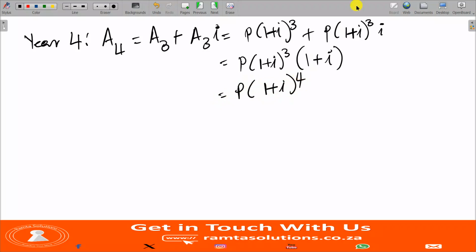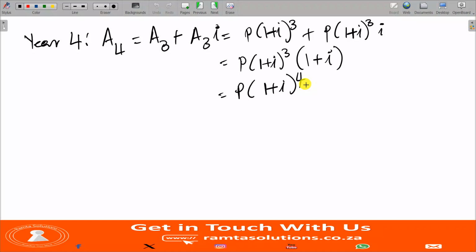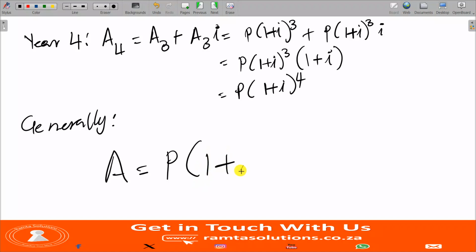Now, I want you guys to see that somehow there is a trend here. For year 1, look at the exponent here, it's 1. For year 2, it's 2. For year 3, it's 3. For year 4, it's 4. Therefore, generally, we can say A is equal to the principal amount P(1 + i) to the power n.